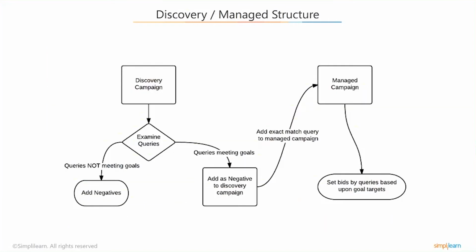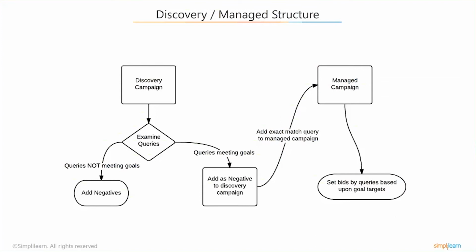So another one that I commonly see still to this day, we've all heard of the discovery managed, sometimes called the alpha beta campaign. Now, with this campaign structure, the goal is to have one campaign where you've got a lot of broad match or modified broad match keywords. And then you run those, and if a keyword converts, you make it an exact match in that first campaign.